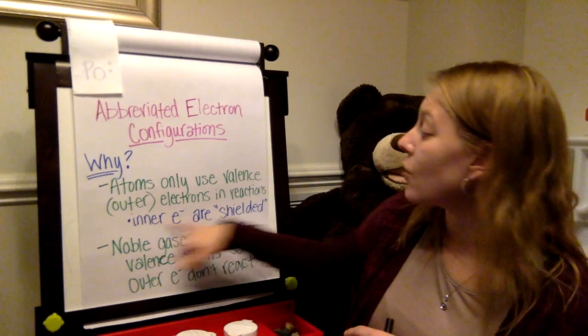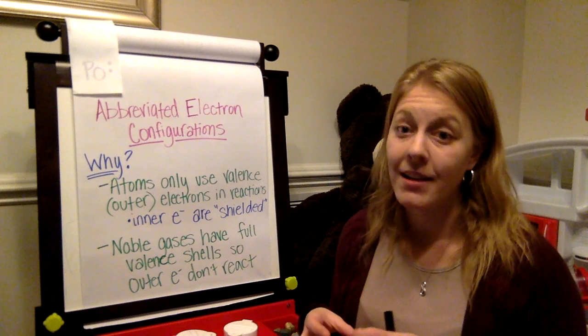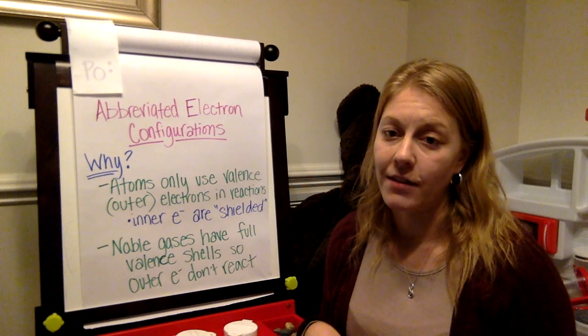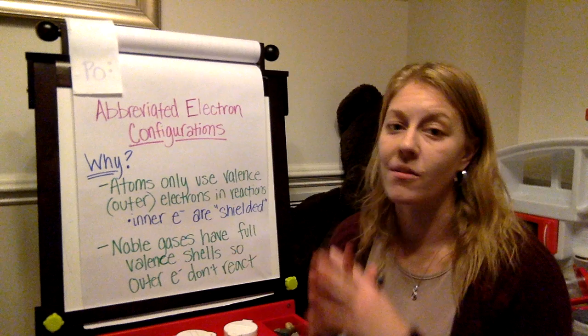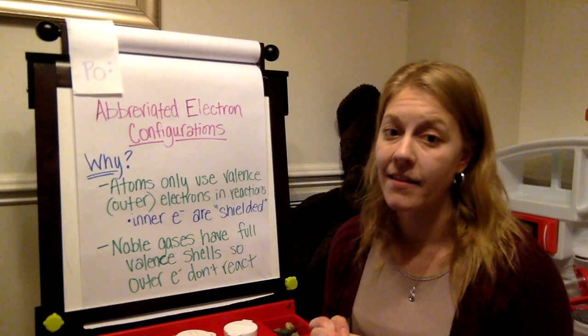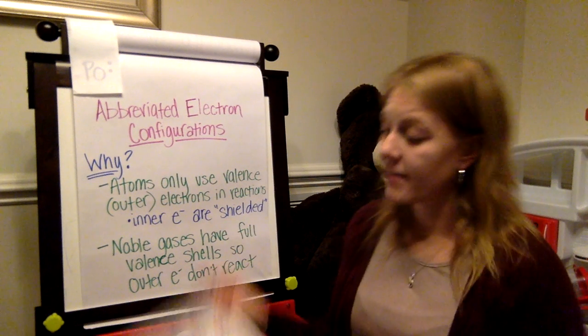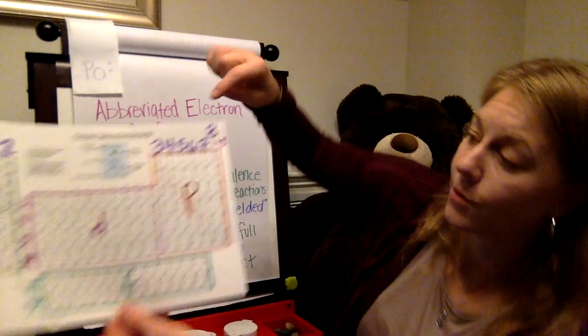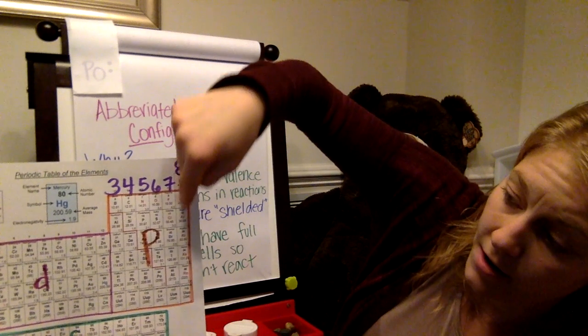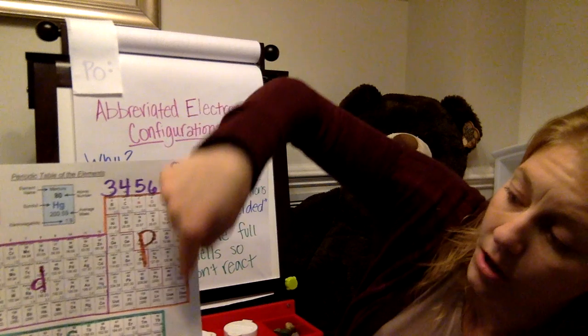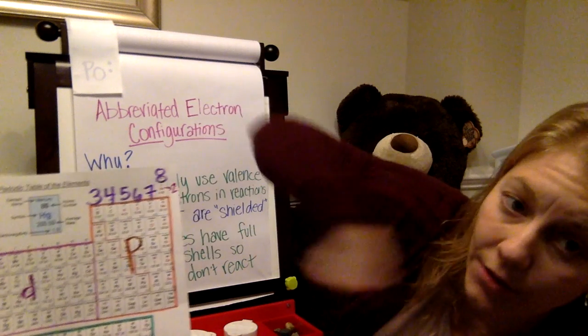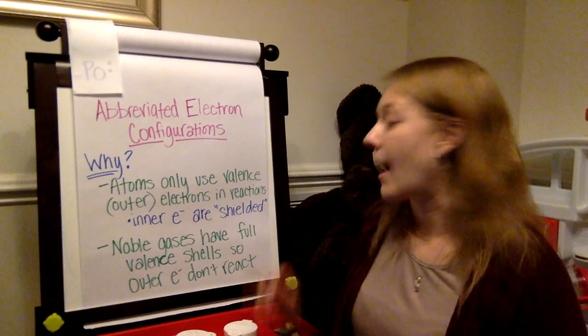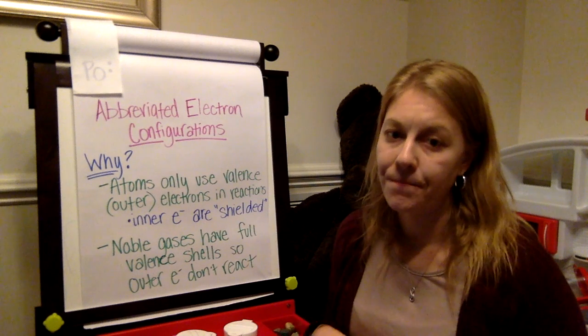The inner electrons are actually shielded by those outermost electrons, so they're not able to react. Noble gases, which on our periodic table are the very last column, starting with helium and going down, have full valence shells.